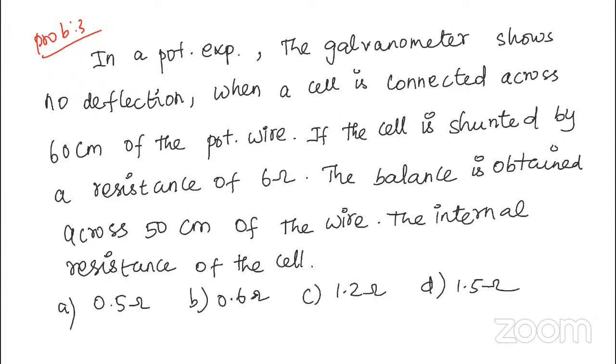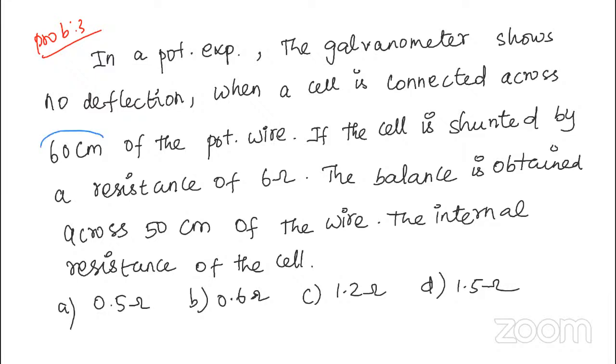What are all the values they have given? The potentiometer shows there is no deflection. Then when a cell is connected across 60 centimeter of potentiometer wire, that is the L1 value.